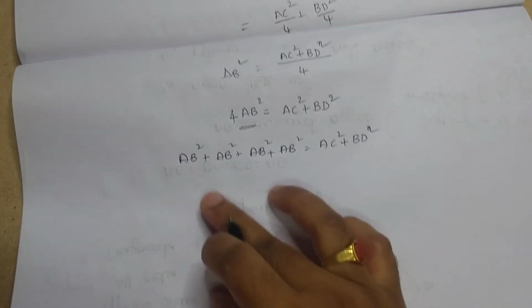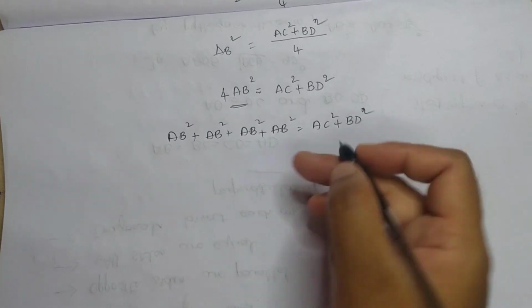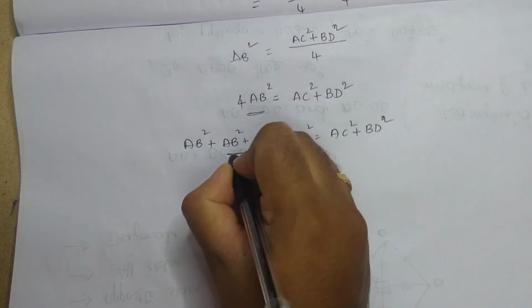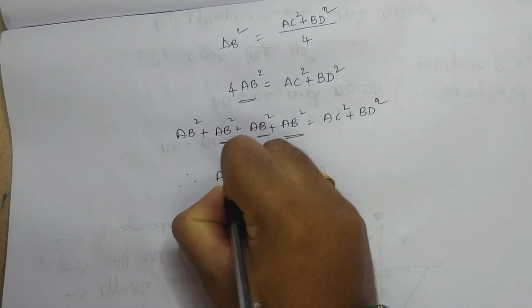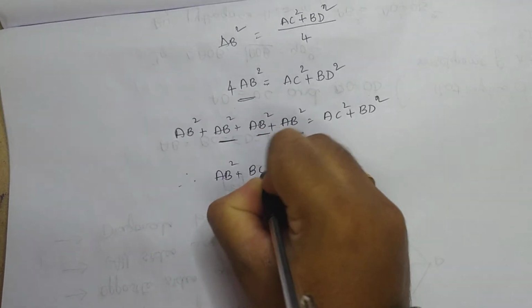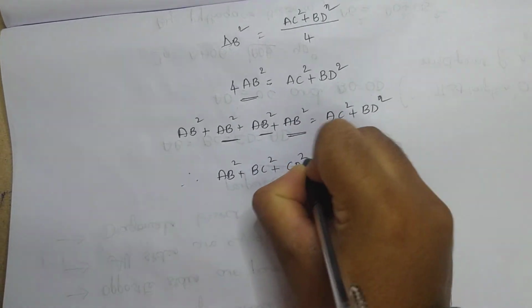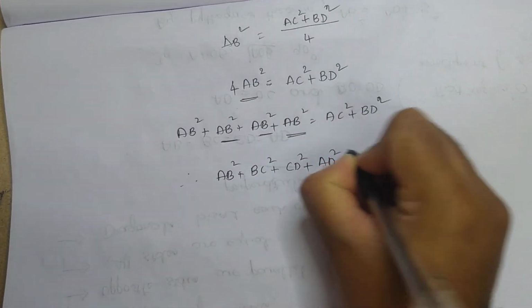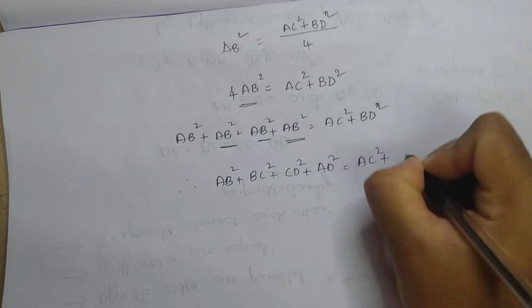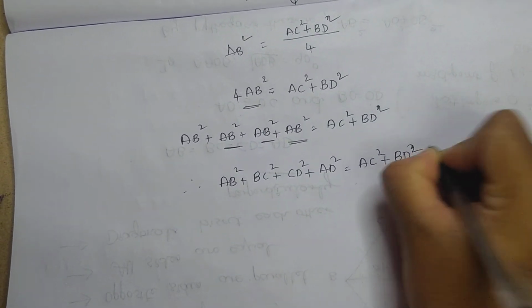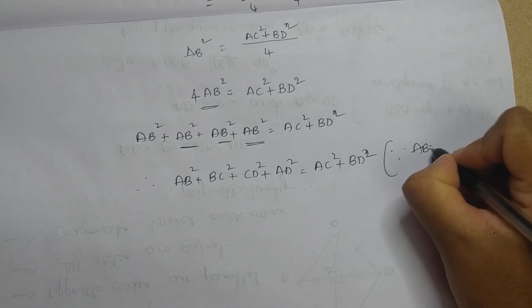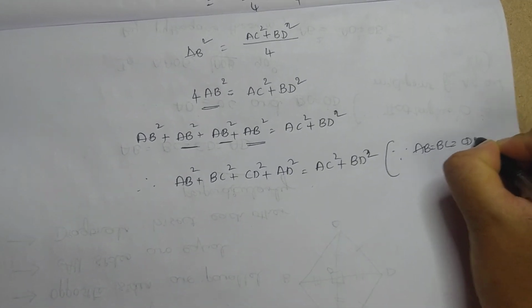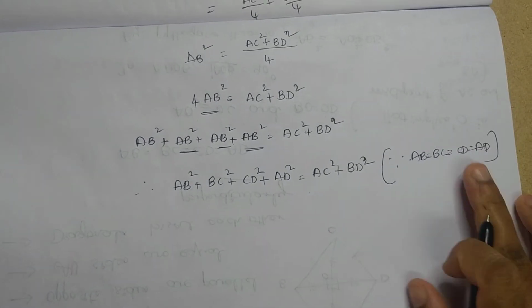Since all the sides are equal, you can just substitute BC, CD and AD here. So write it here. Therefore, AB square plus BC square plus CD square plus AD square equals AC square plus BD square. Write in brackets, since AB equals BC equals CD equals AD.